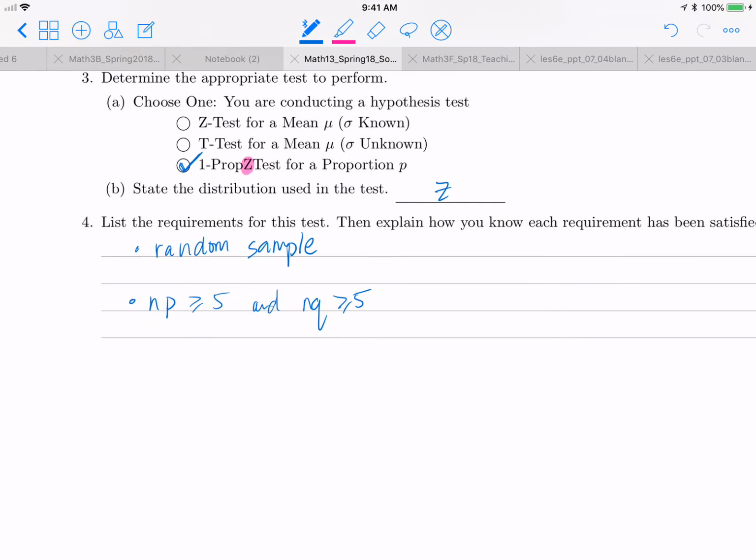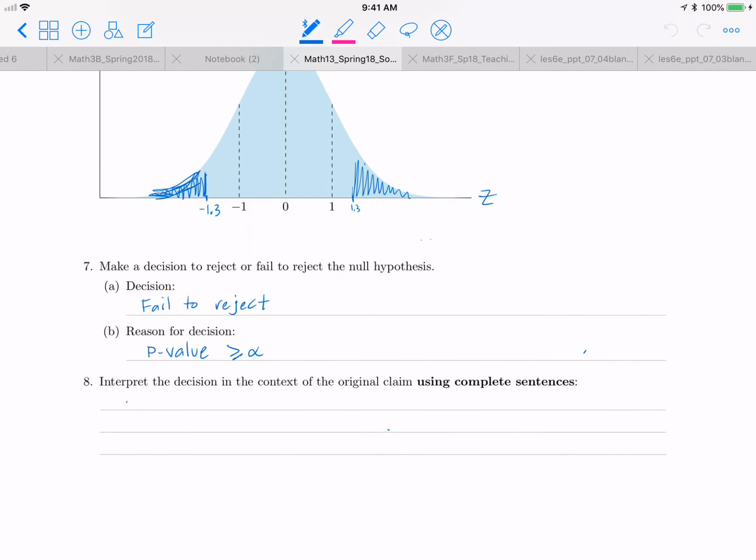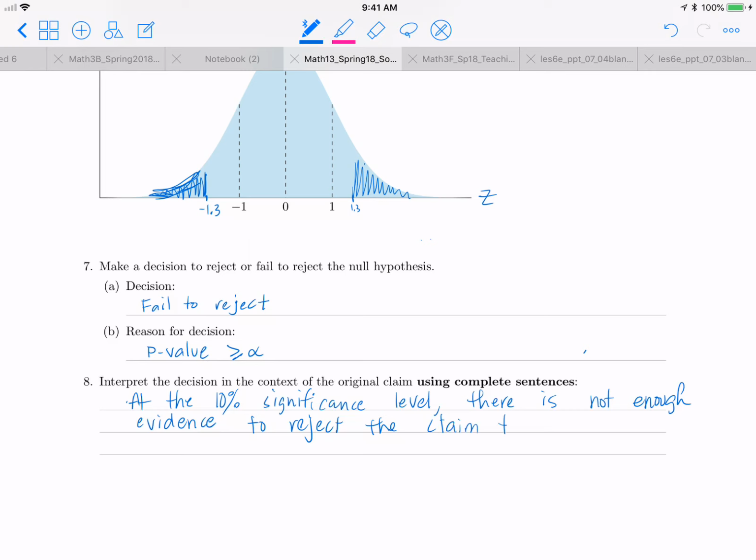So we would say at the 10% significance level, there is not enough evidence to reject the claim that 25% of college grads think a college degree is not worth it.